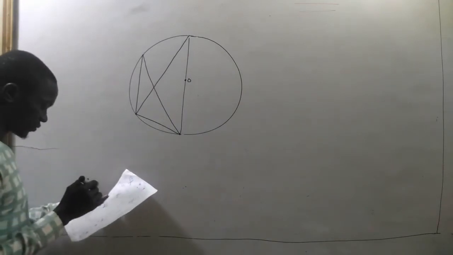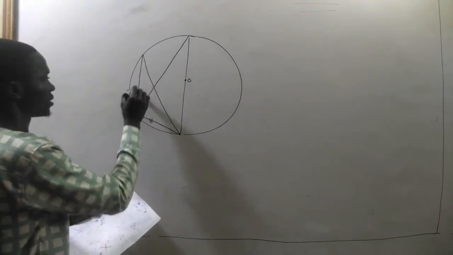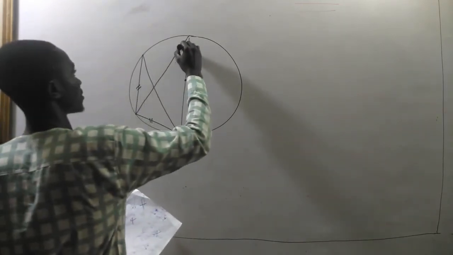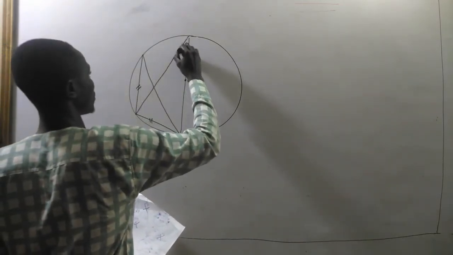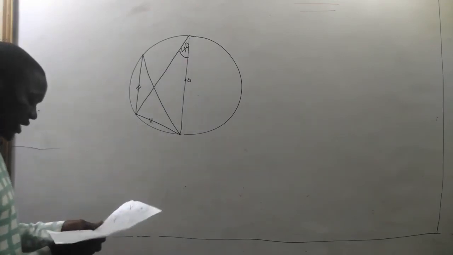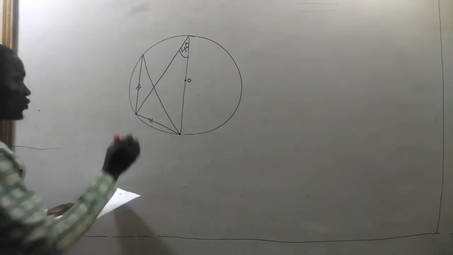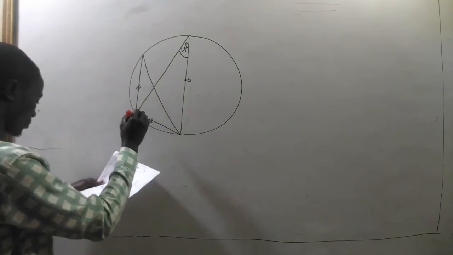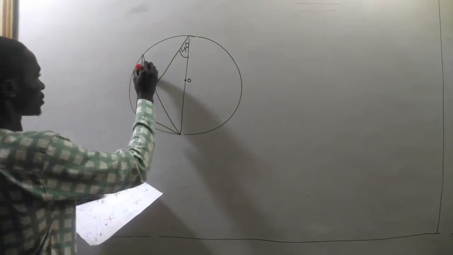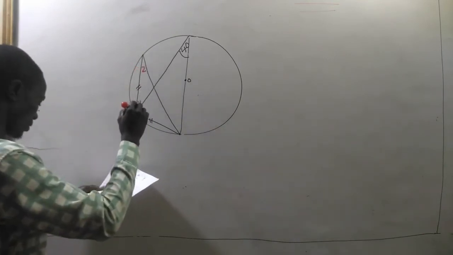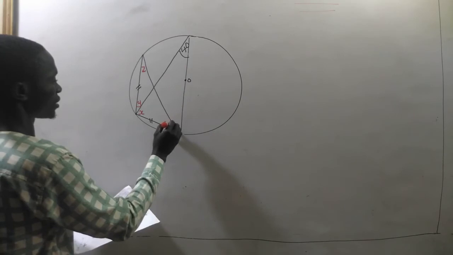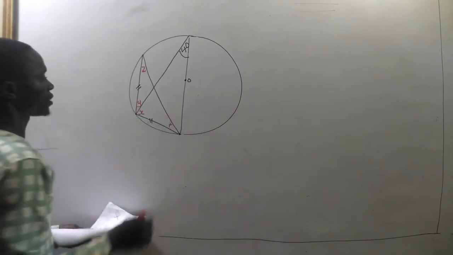This is what we have, and this line is equal to this line, and you have this angle as 40. So what we have to do is find the remaining angles that we have here. Let's find angle x, angle y, angle z, and then angle, let's say, r.